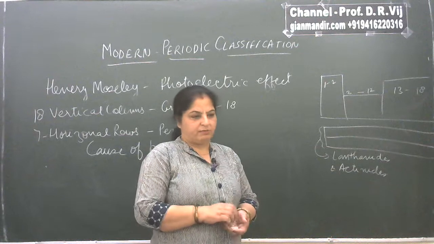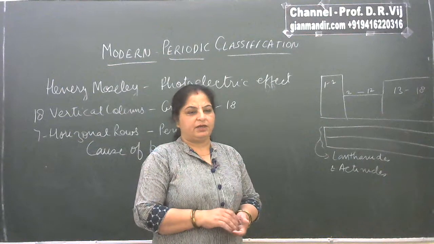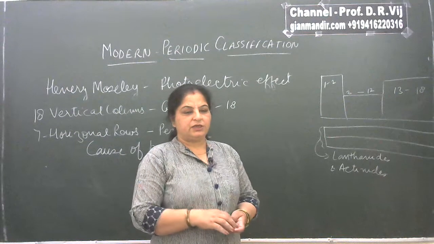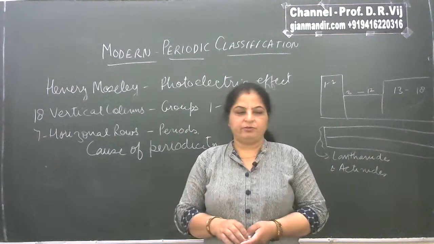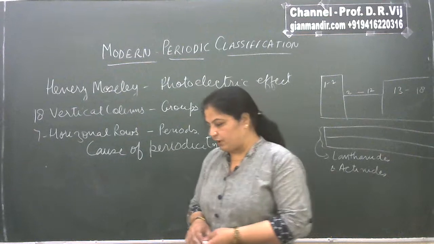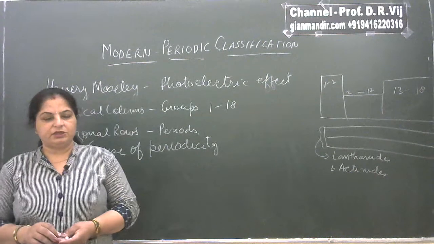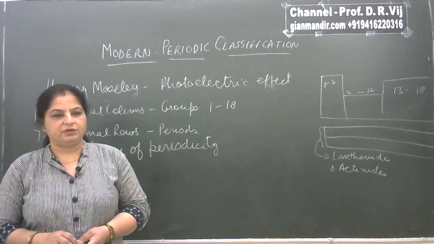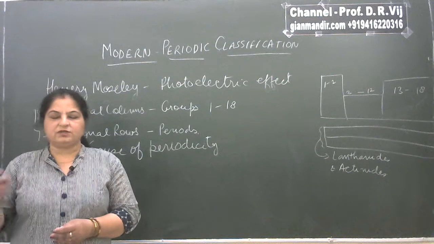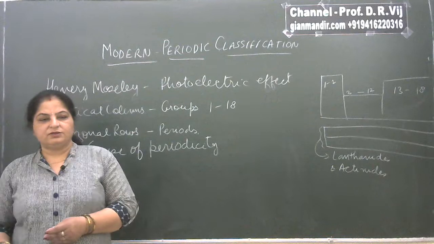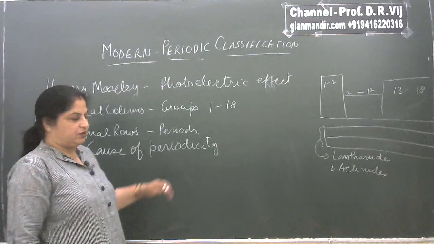Mendeleev also explained that when we arrange the elements in the order of increasing atomic masses, a repetition in their properties is observed after a regular interval, and this repetition in properties after regular intervals is known as periodicity. But Mendeleev could not give any explanation for the cause of periodicity. He could not explain what the cause of this repetition in properties was, and that too was explained very well by the modern periodic classification.